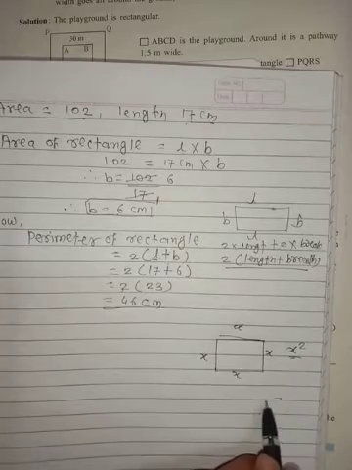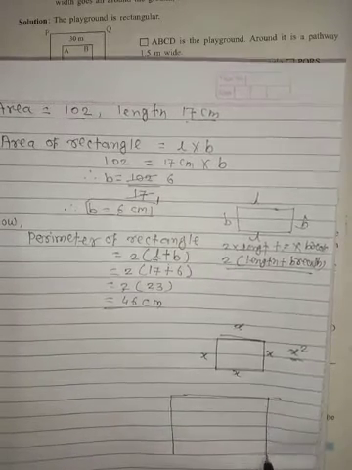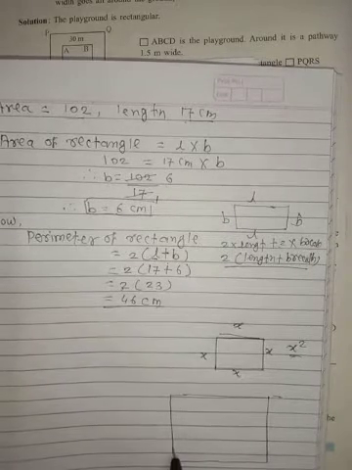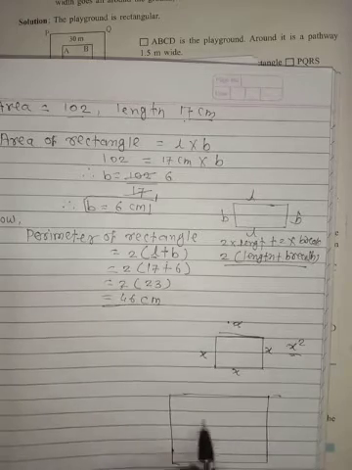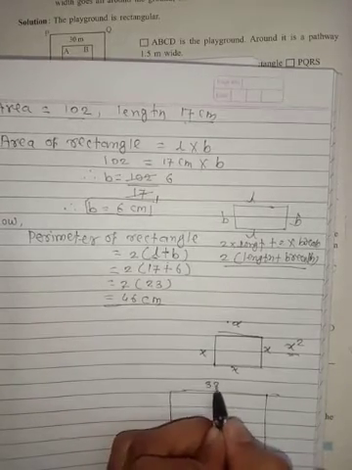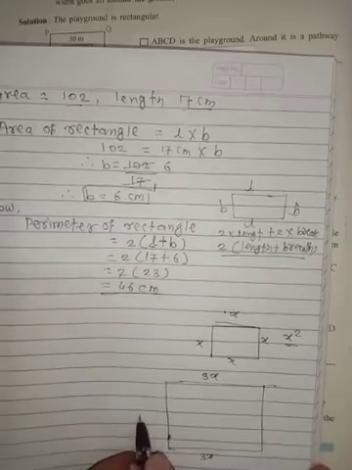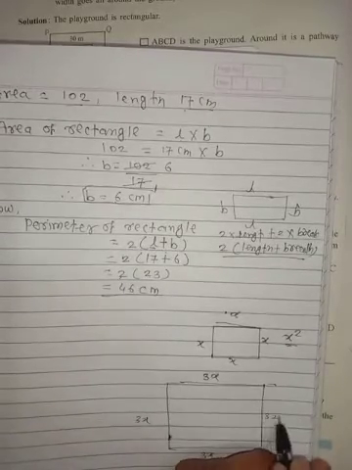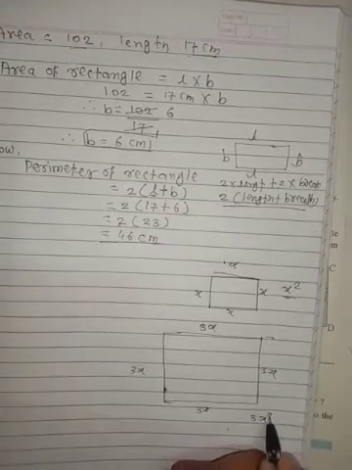Suppose this is our new square. This is only x, and it is tripled. Triple means it is 3x. So it means it is also 3x, 3x, and 3x.